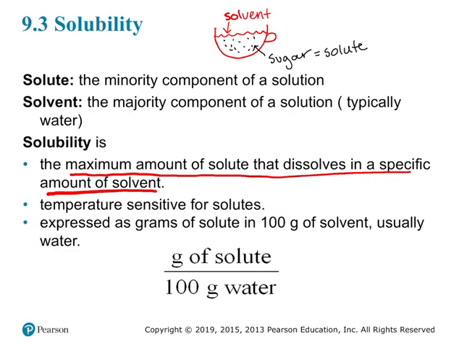Usually that's because you've added way too much sugar and it couldn't all dissolve in the amount of tea that's available. So some of it just sinks to the bottom because it can't dissolve. Again, the maximum amount of sugar that can dissolve in a cup of tea would be its solubility. Later on, we'll talk about how this depends on temperature, and we'll talk about the units for solubility.